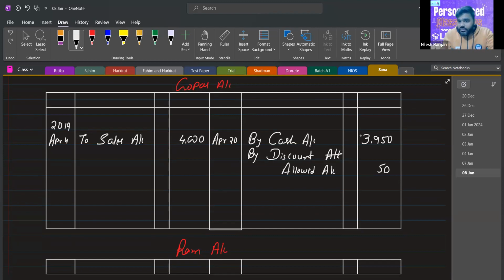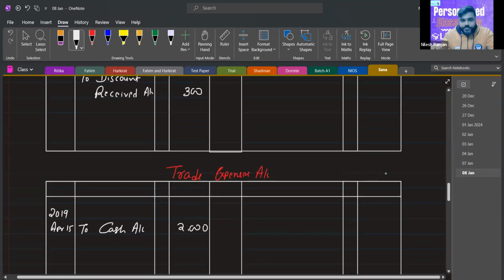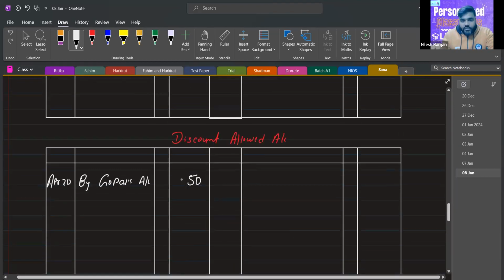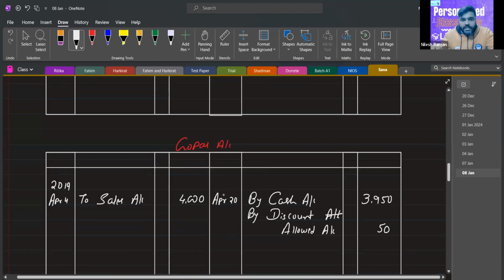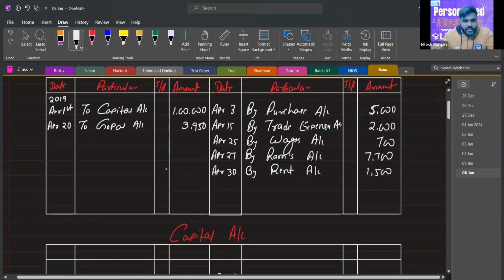So by cash and by discount. In cash, it will be Gopal 3,950. In discount, it will be Gopal 50. So you can see discount allowed Gopal 50 and cash is in the beginning, to Gopal 3,950.